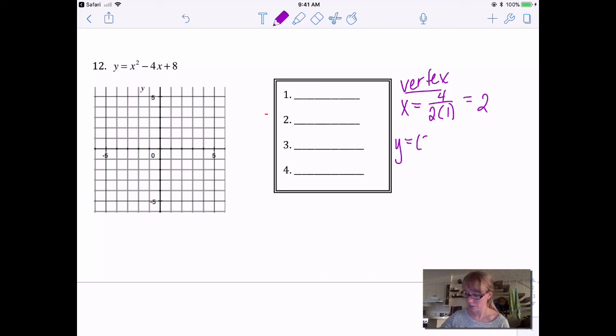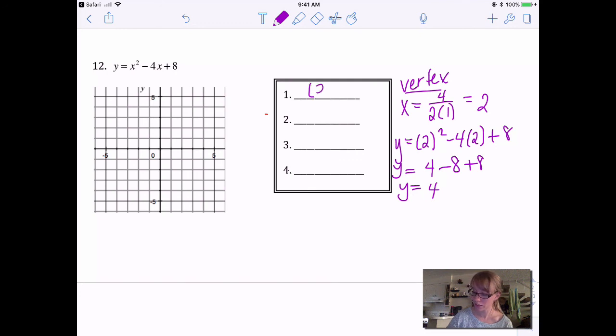Y is 2 squared minus 4 times 2 plus 8. So I get 4 minus 8 plus 8. Y is equal to 4. Okay, so vertex, x is 2, y is 4.